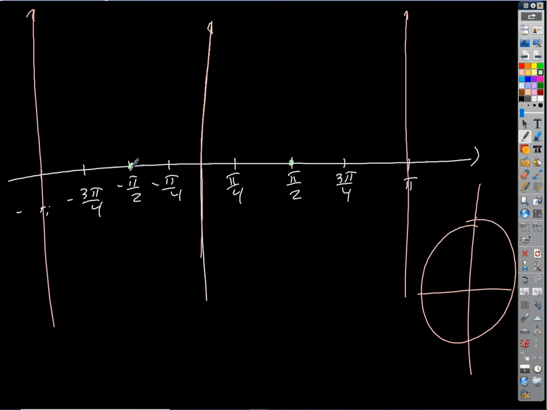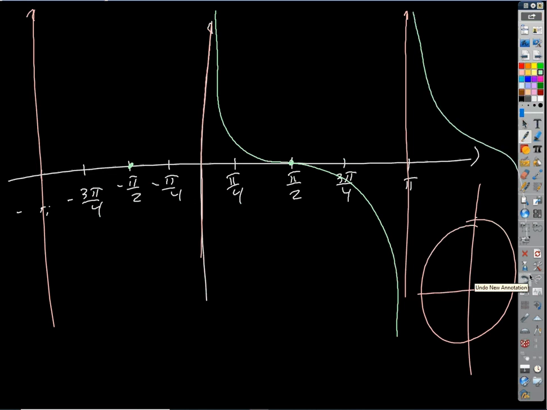Okay, so then isn't it doing this? It's going to be positive in quadrant 3 because they're both negative. Everybody agree?